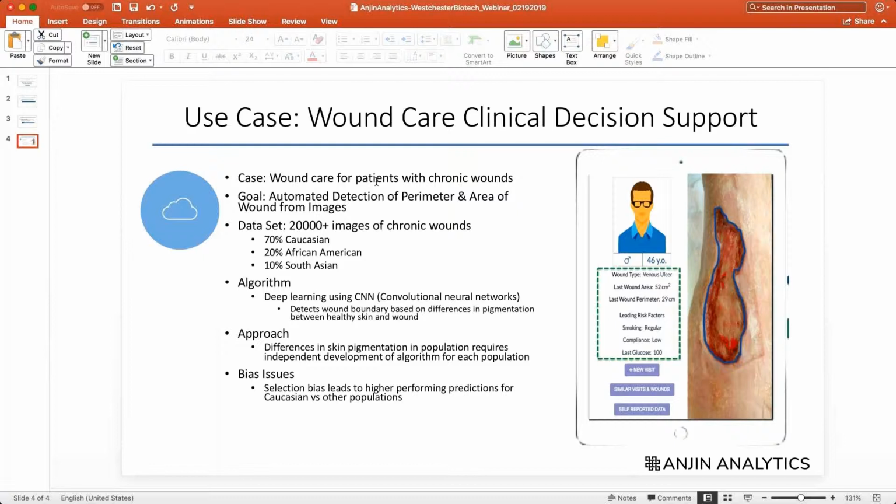So just by taking a picture of a wound, being able to detect these features was our goal. And in order to get this started, we were provided by one of our partners with over 20,000 images of chronic wounds. And we found in the data set that about 70% were Caucasian, 20% were African American, 10% South Asian. And just to give these statistics around the population.